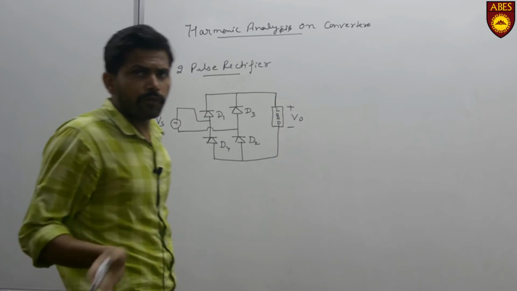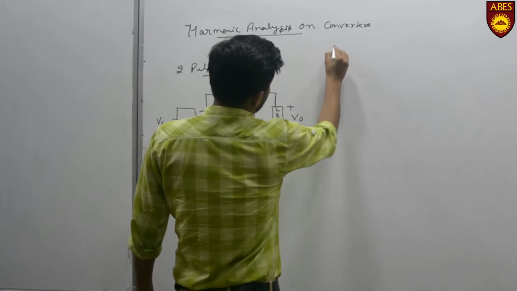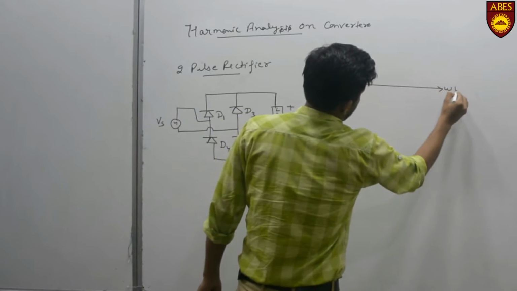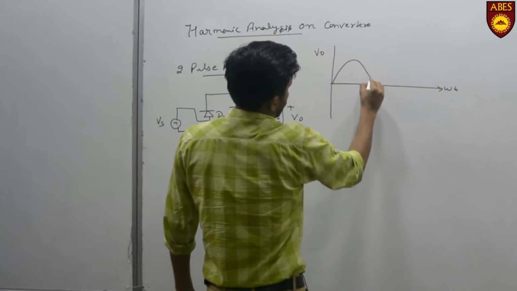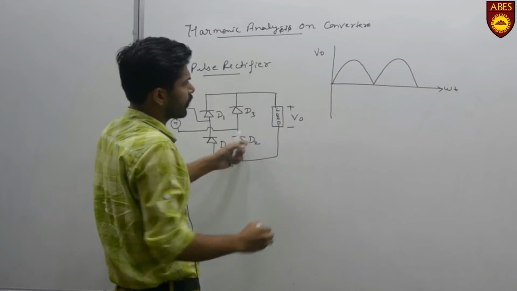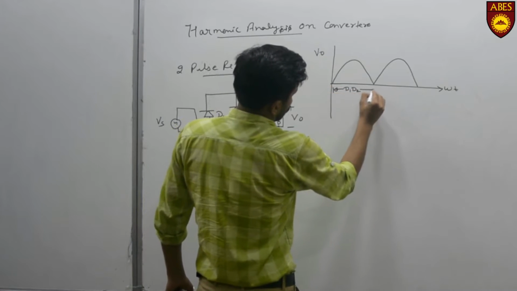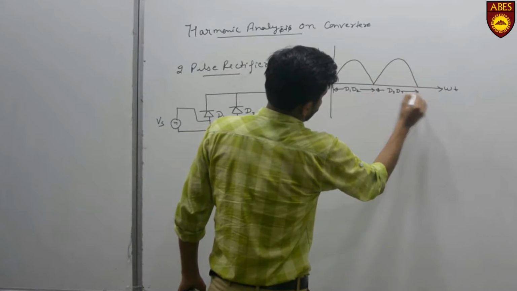If we draw the waveform of the output voltage, during the first mode D1 and D2 are on, and then D3, D4 are on.